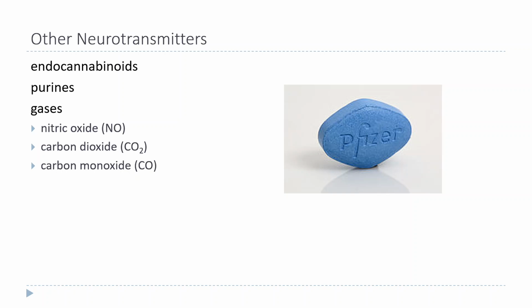So Viagra actually works by interacting with the nitric oxide pathway. Again, just another example of why it's important to know about neurotransmitters and study the pathways of these systems. Probably one of the most financially lucrative drugs ever invented, Viagra.